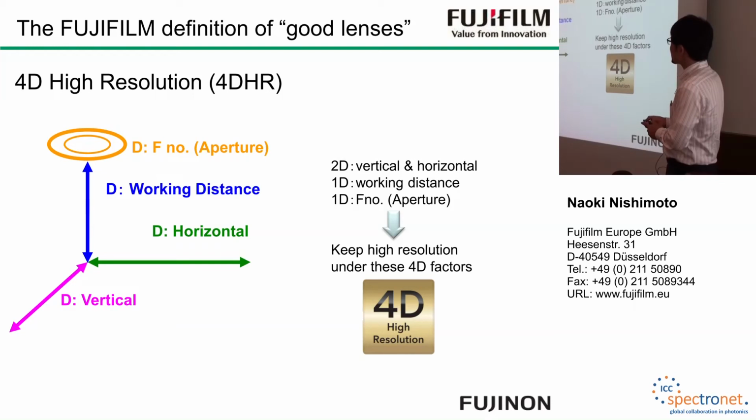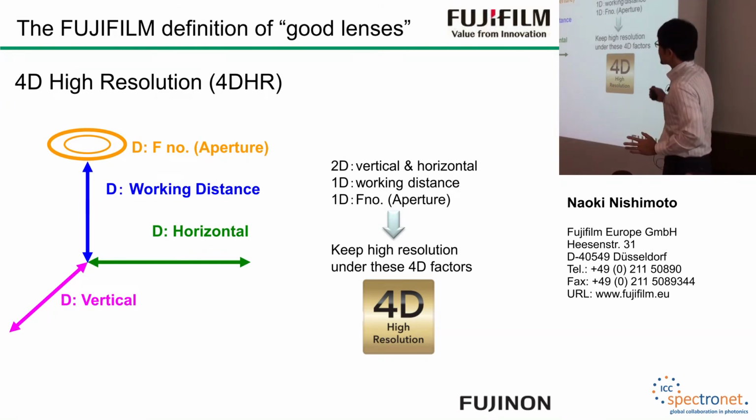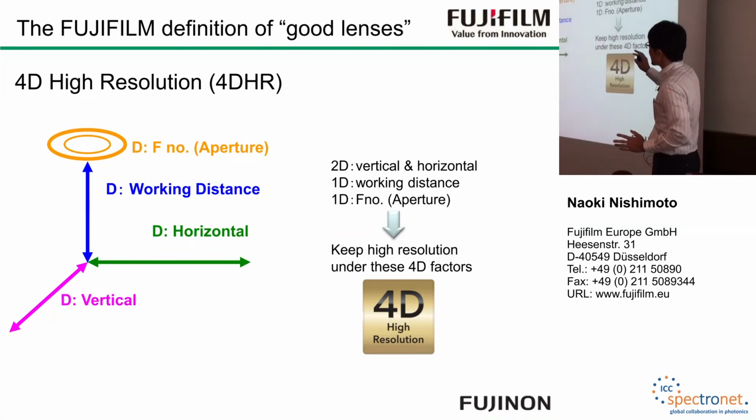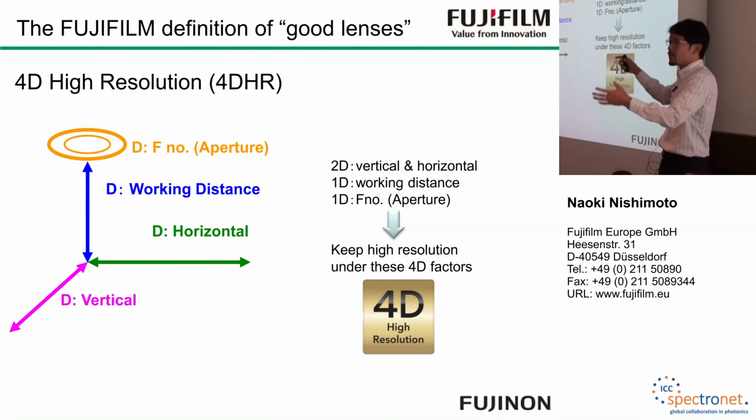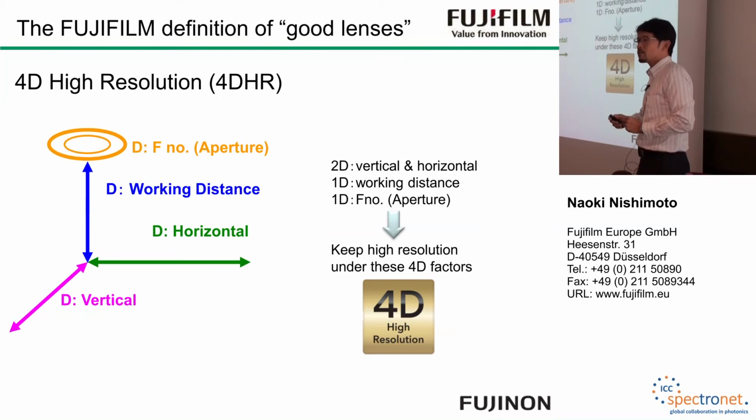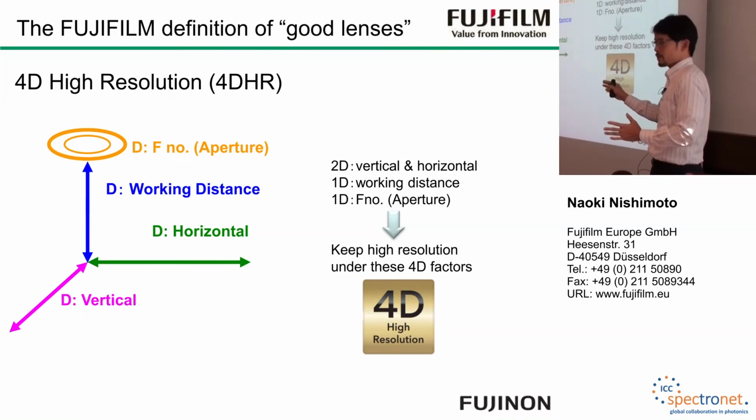Another D is working distance. And the last D is F number. So it can keep high resolution under these 4 factors. Even if we change working distance and F number, we can keep high resolution up to the corner of the image.